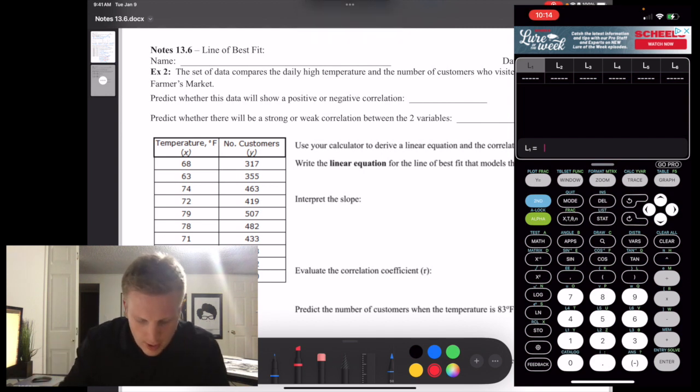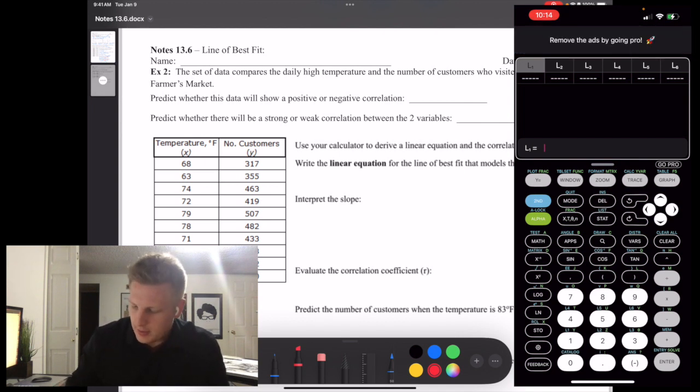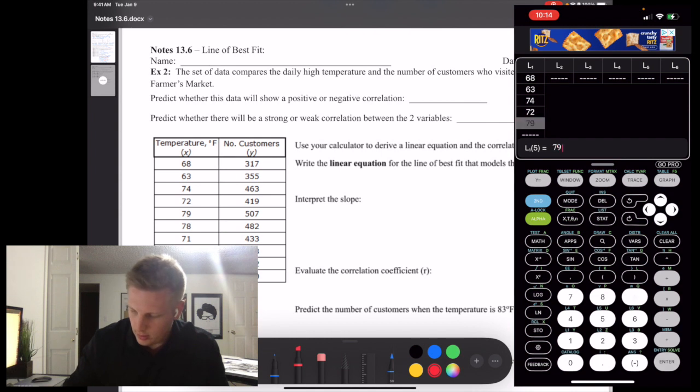Hopefully it's still good. Fingers crossed. I'm going to enter in all my data. So 68, 63, 74. Ooh, I'm not on the right one. Hold on. There we go. 68, 63, 74, and let's keep on going.